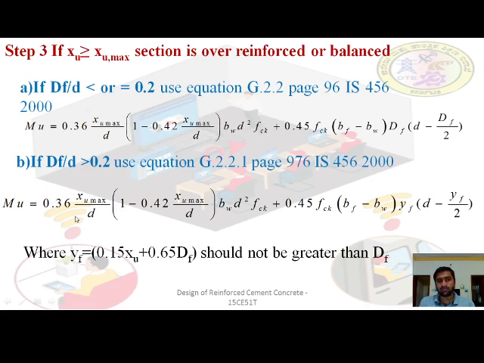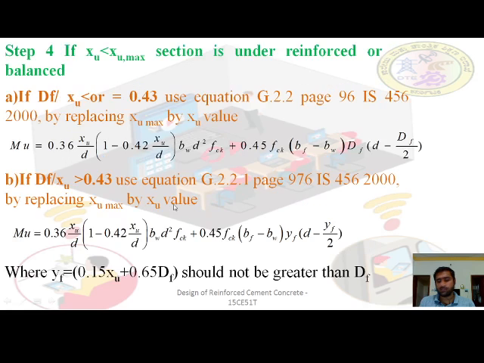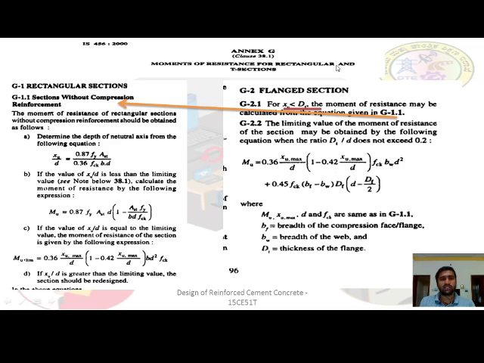YF remains the same, and YF value will be this one. So this is the equation to calculate the moment of resistance of the section for an under reinforced section.